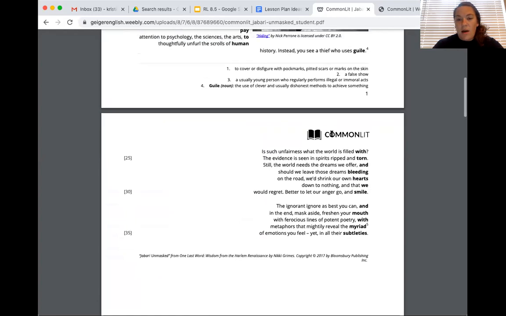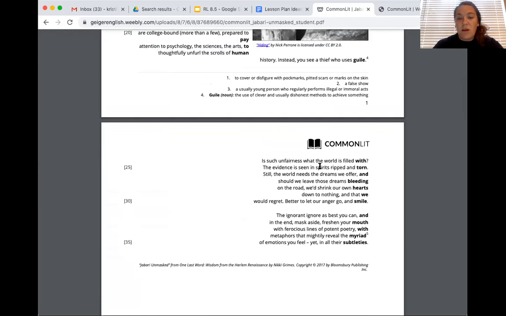I also want to talk about this right here, spirits ripped and torn. That's very, very graphic. It creates a negative image in our mind. It creates a horrific image of the spirit of a person being ripped and torn, basically meaning that their spirit was so broken and so defeated, their hearts are bleeding.